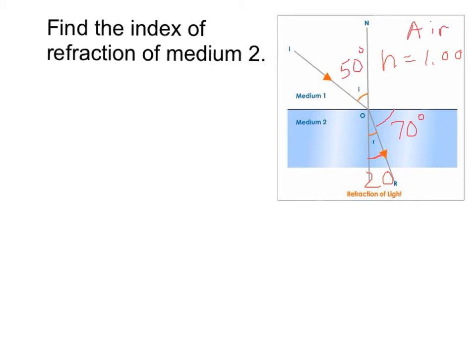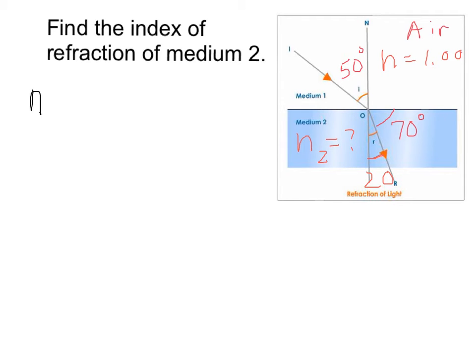So what we're going to do is find out what the index of refraction is for medium 2. So I'll just put n2 and that's going to be our question mark. Alright, so we're going to start by using Snell's law. Now you'll find Snell's law on your reference sheet. You can find lots of different versions of it. I think what I usually like to do is keep it kind of generic.